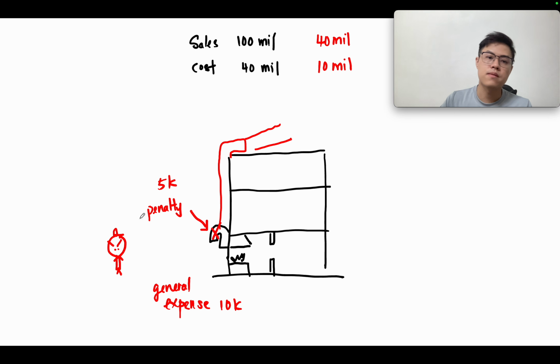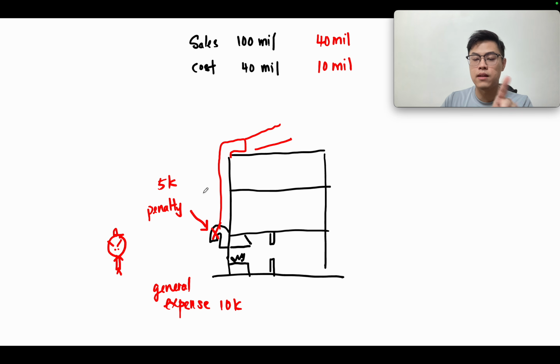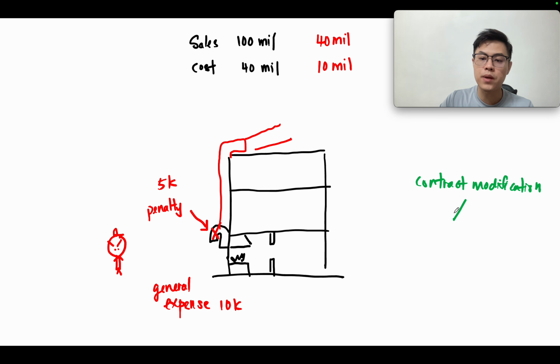So, questions. We know that this part is going to link to the next particular part, which is contract modifications. We are going to judge whether these contract modifications result in a new PO or a change of an existing PO. Okay, so this is one thing: whether this 40 million, how are we going to record it?